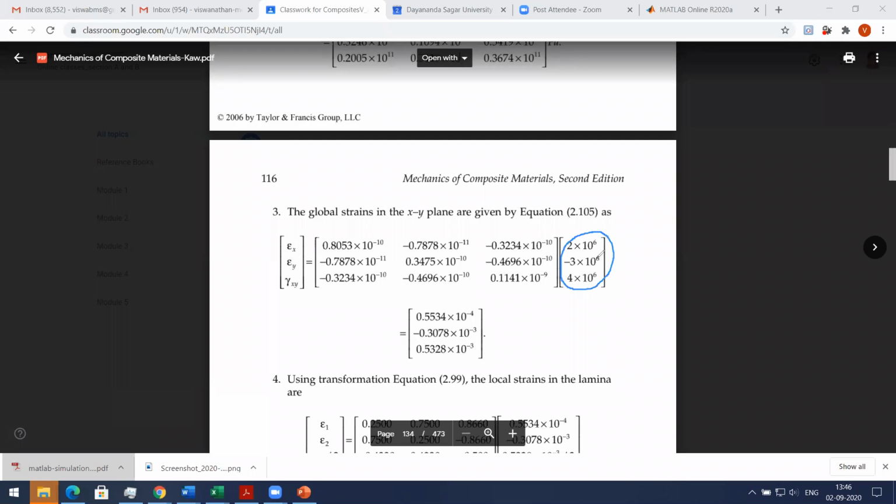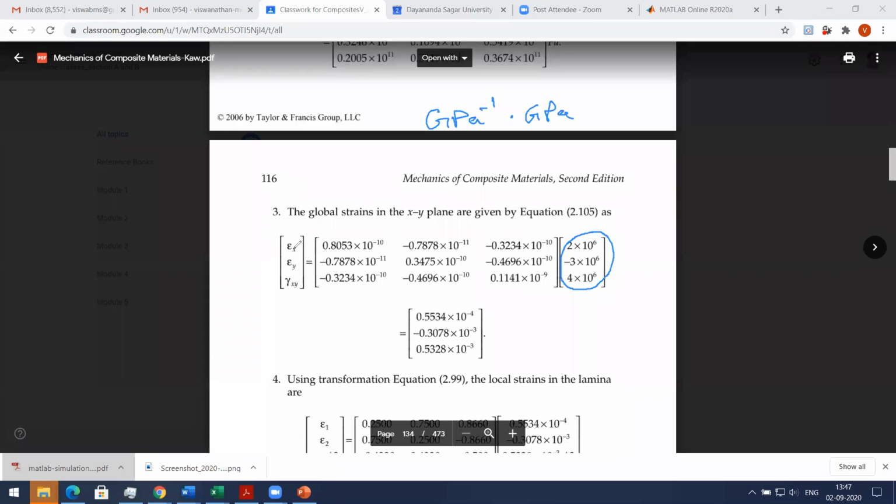Are you able to understand this? Just that you should have the units right. This is GPa inverse multiplied by GPa, what will be the units? No units.